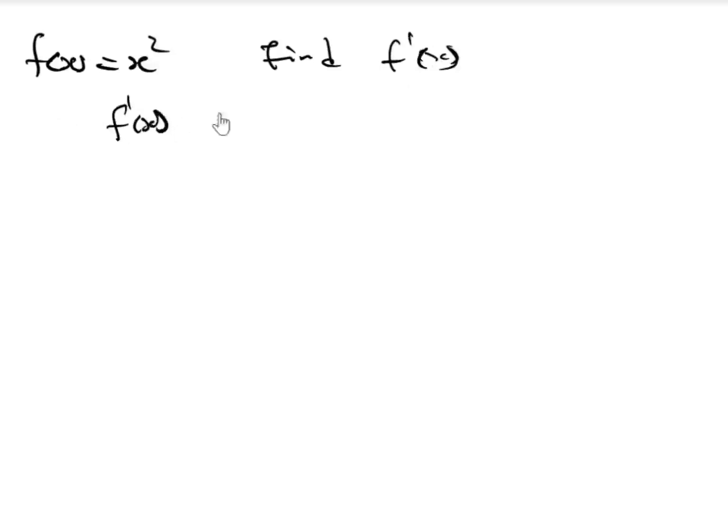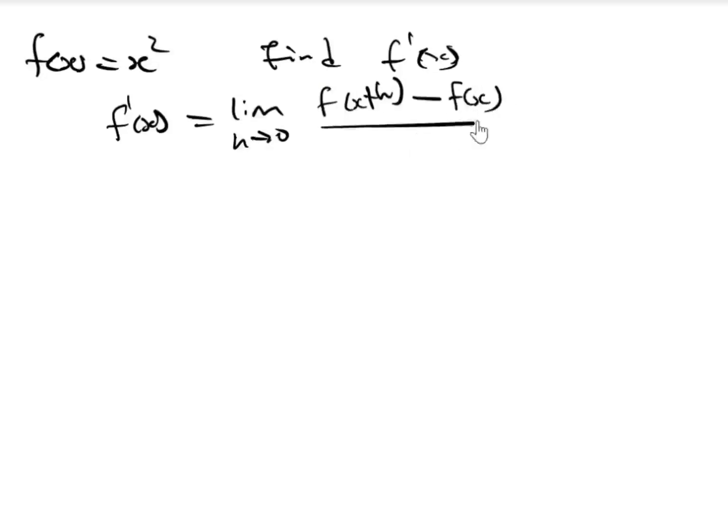If we are given f of x to be x squared, and we are asked to find the first derivative of this, remember our formula is equal to the limit as h approaches 0 of f of x plus h minus f of x, divided by h.